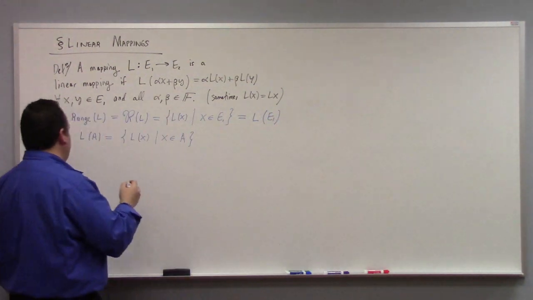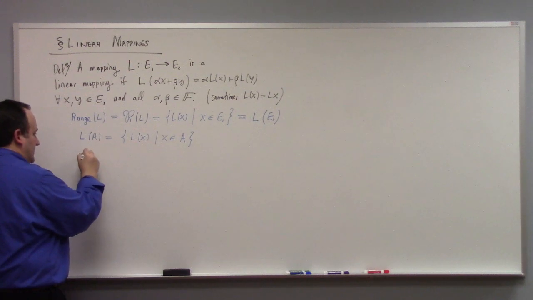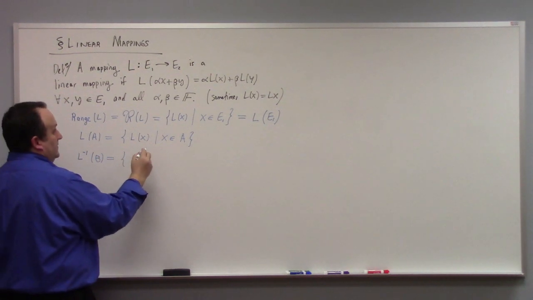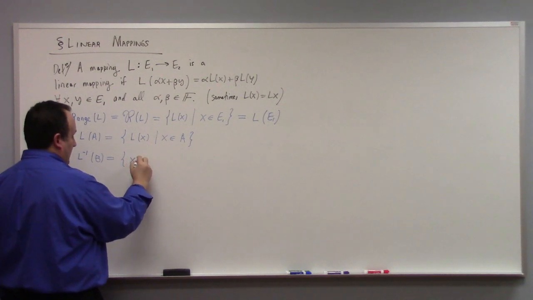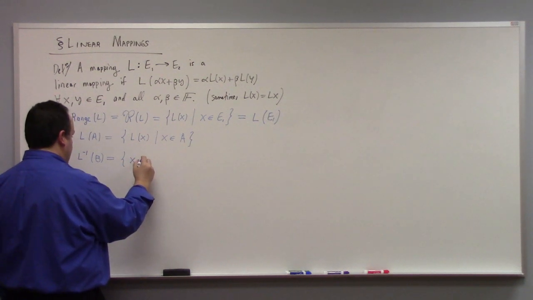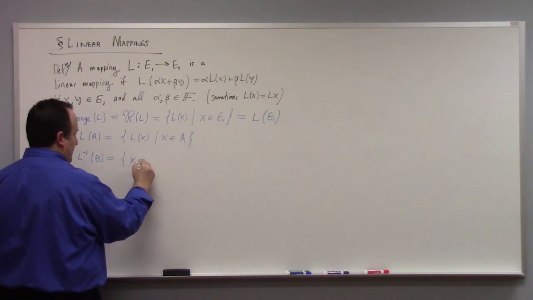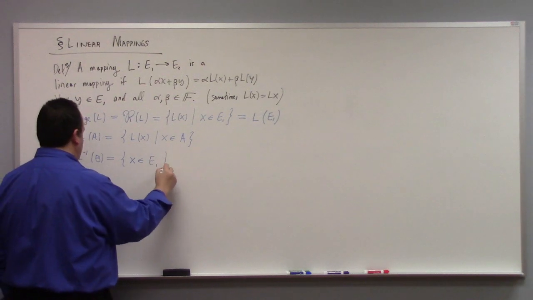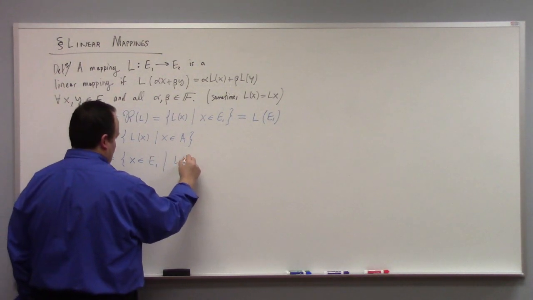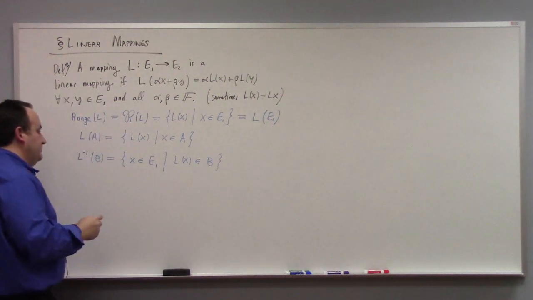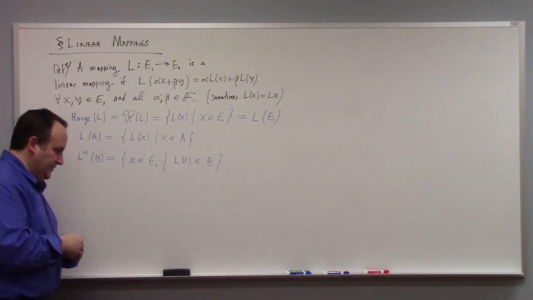And you can also talk about the inverse image of a set, and that's what? Elements in E1 such that L of x is an element of B, yeah. So that's the inverse image, that's the forward image.